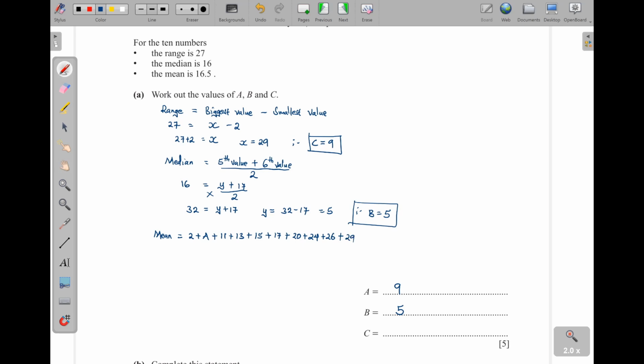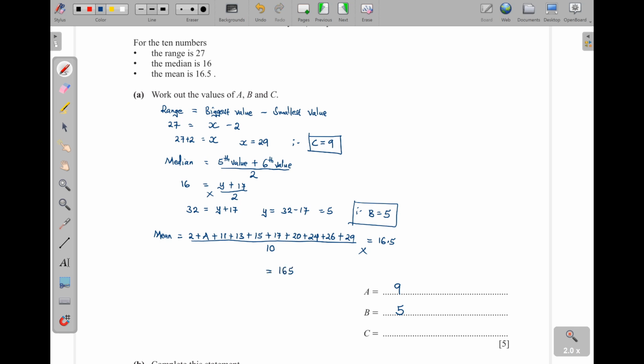And then we divide everything here by the numbers we have. There are 10 of them. And then this mean is 16.5. Then when we cross multiply, we shall get this one multiplied by 10. It gives us 165.